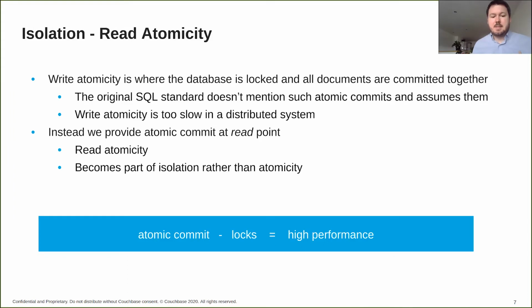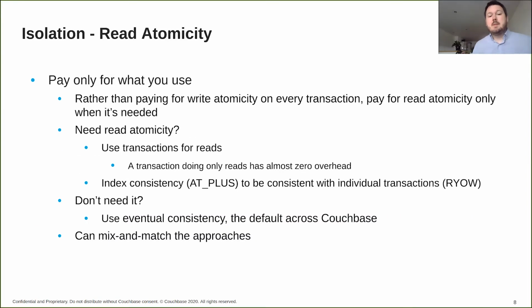So what this allows is that we can still provide an atomic commit. We can still provide the ACID guarantees, but we can do it in a way that doesn't require these sort of heavy global locks, which really helps us achieve the high performance that we have. And the big advantage of this approach of using read atomicity, doing it at the read point rather than at the write point, is that you pay only for what you need.